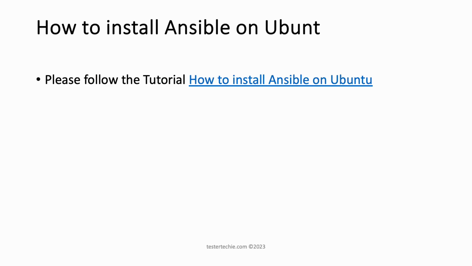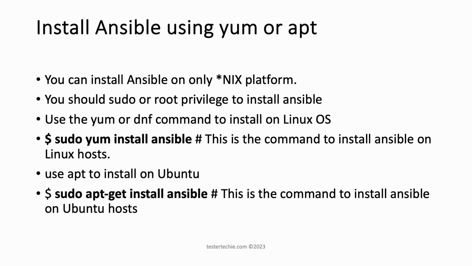Then how to install Ansible, you can watch the other videos or follow our website to find all the steps. You can install Ansible if you are using a Red Hat based system, Linux based system. Then you can use sudo yum install ansible -y or sudo yum install ansible.